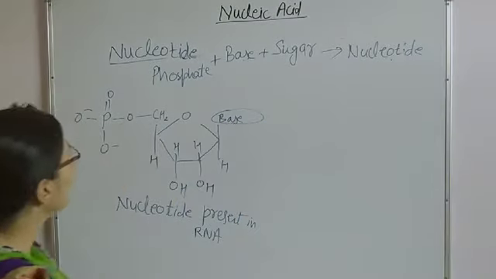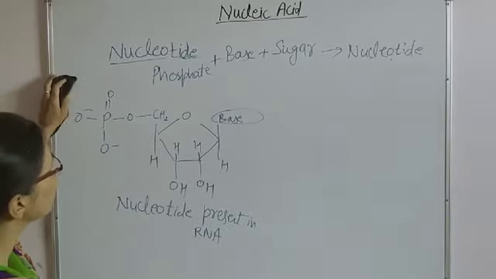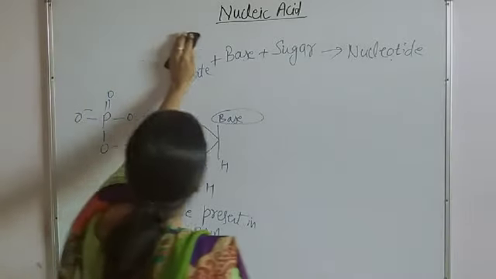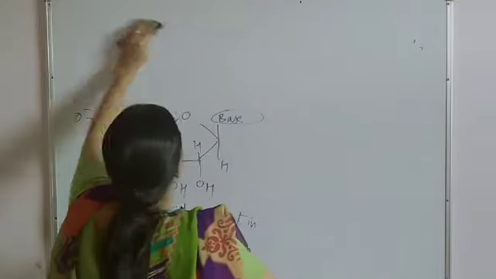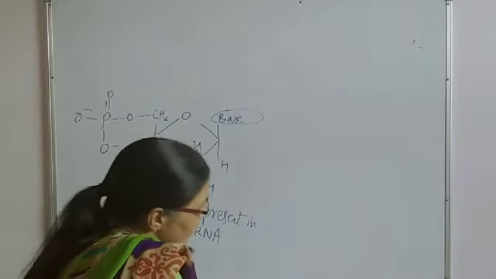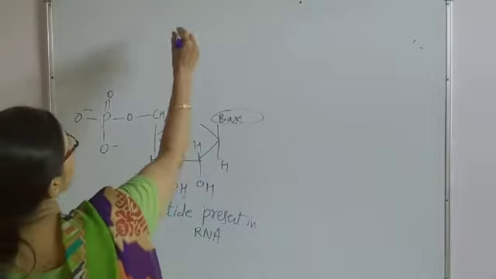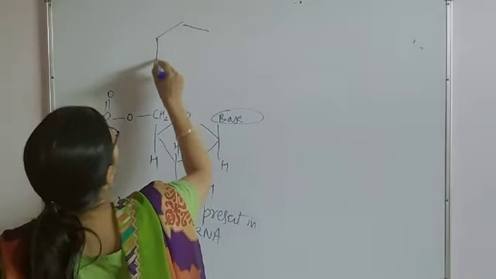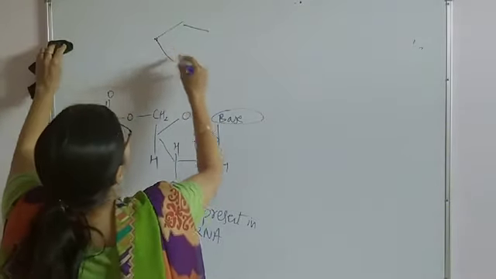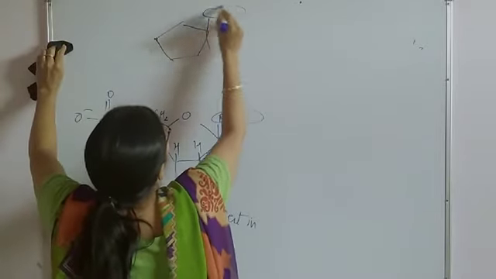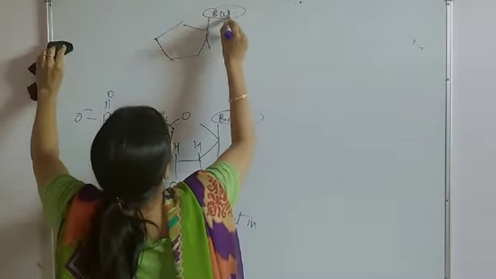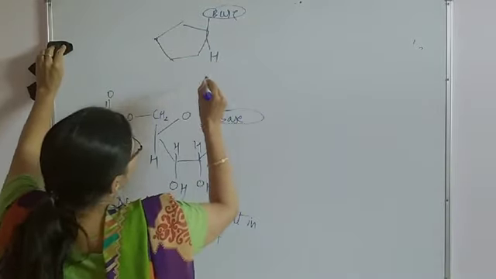For dinucleotide, I am drawing two structures of nucleotide. Here, at the top position, I am drawing one more nucleotide. Okay, same nucleotide I am drawing. Base will be different and sugar may be different. This one is base, hydrogen.